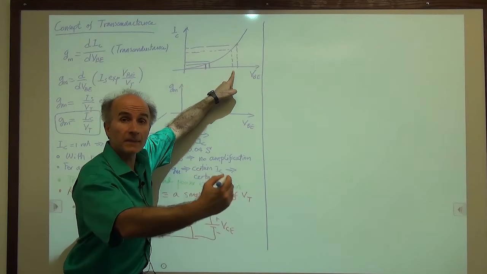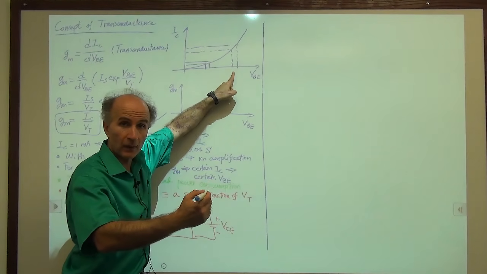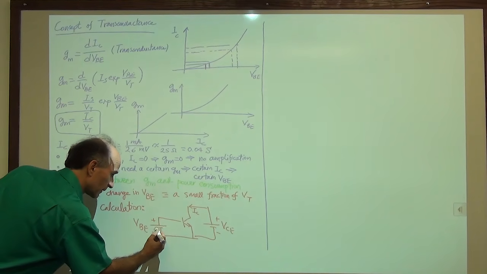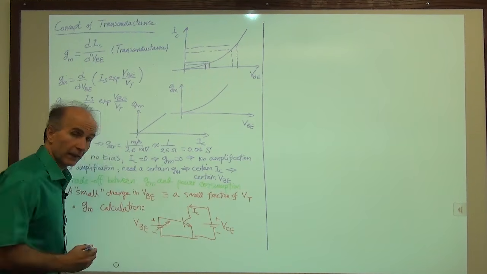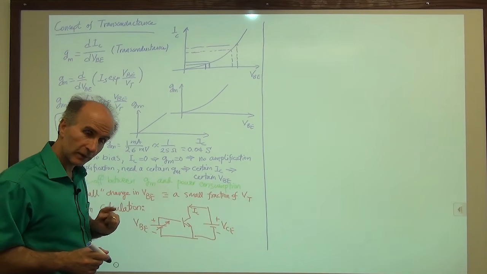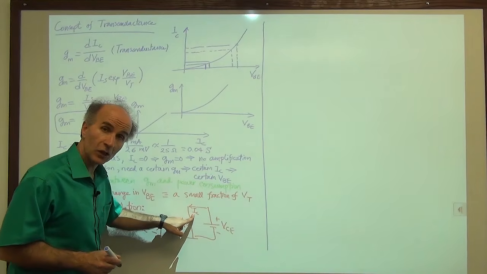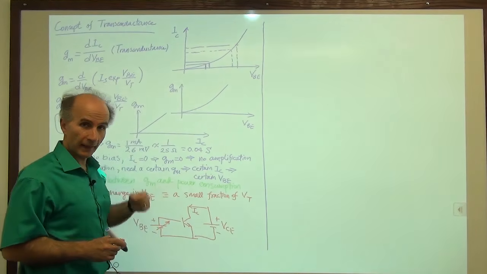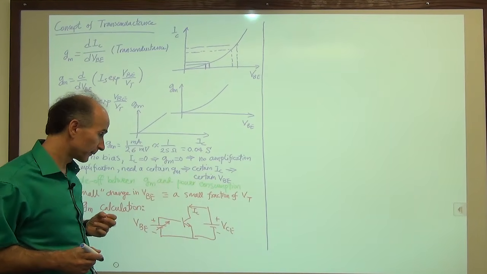Now we increase this base emitter voltage by some amount, 1 millivolt, for example, right? So this base emitter voltage increases. I will put an arrow on it to show that it's variable. So we vary this by a small amount, and then we measure the change in IC, how much change we have from here to here. And that's how we compute the GM.